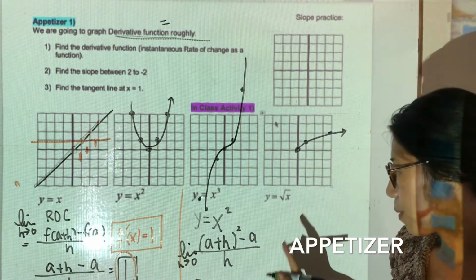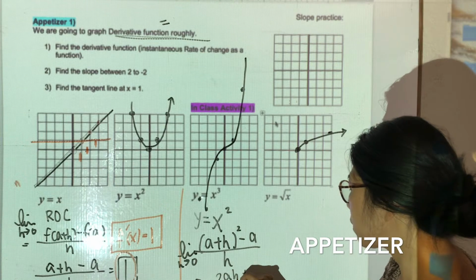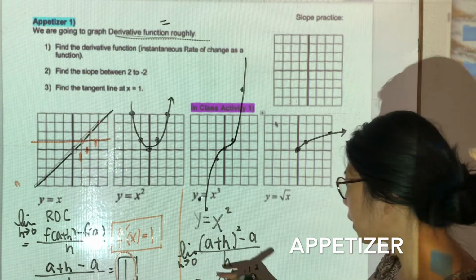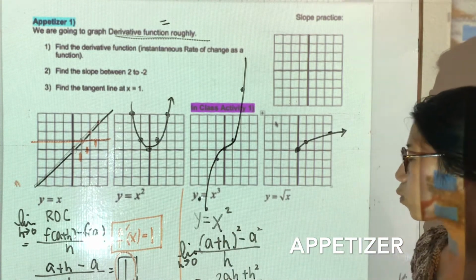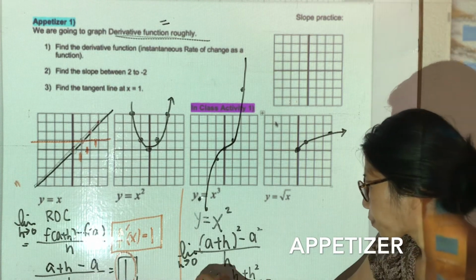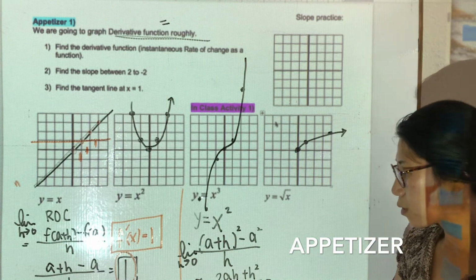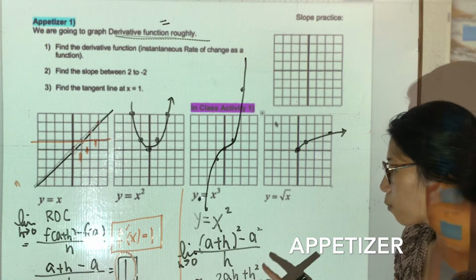And then the limit as h goes to 0. I'm going to skip some steps. What I see is 2ah plus h squared over h. I already canceled out a squared and a squared there. And then reduce by h. I cannot plug in 0 yet because the denominator is 0, but I cancel out by h.